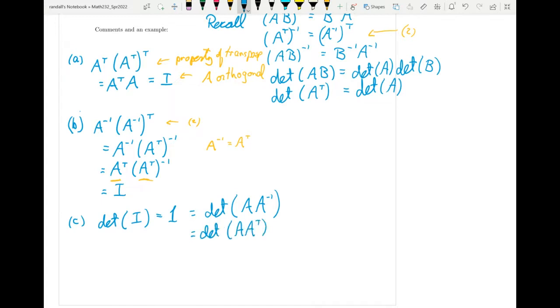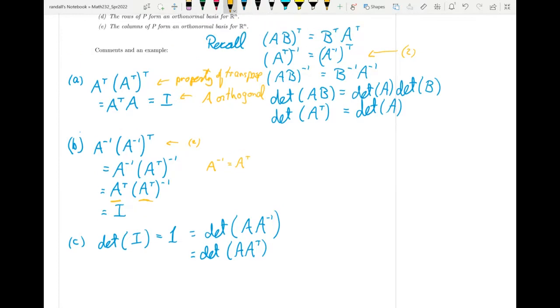All right, so now I'm going to use some of these properties up here. So let me call this one property 3, the product property of the determinant. So the determinant of A times A^T is going to be the product of the determinant of A and the determinant of A^T.